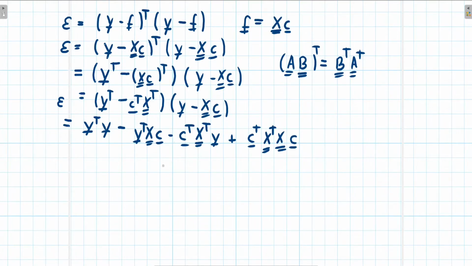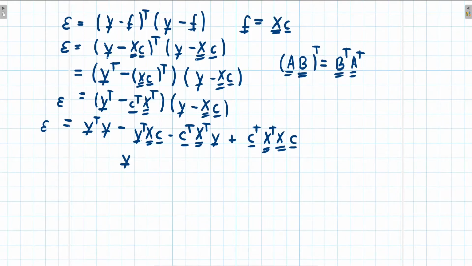And we can further simplify that, and we're going to make use of a very simple rule, and that is that the transpose of a scalar is still the same scalar. So you just take the transpose of a number, and of course it's going to end up the same because it's just a number and not a matrix or a vector. And all of these individual terms have to be numbers because epsilon is going to be a single number.